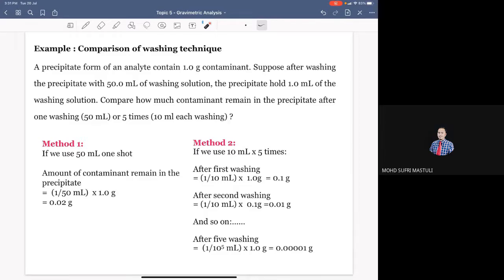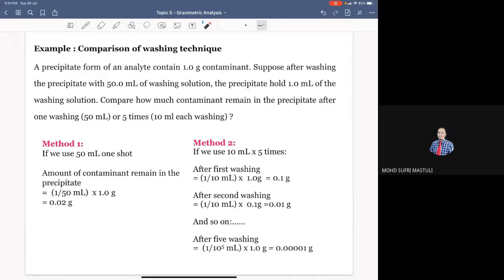In this example, as you can read, the precipitate form of the analyte contains 1 gram of contaminant after filtration. Suppose after washing the precipitate using 50 ml of washing solution, the precipitate will hold 1 ml of washing solution.